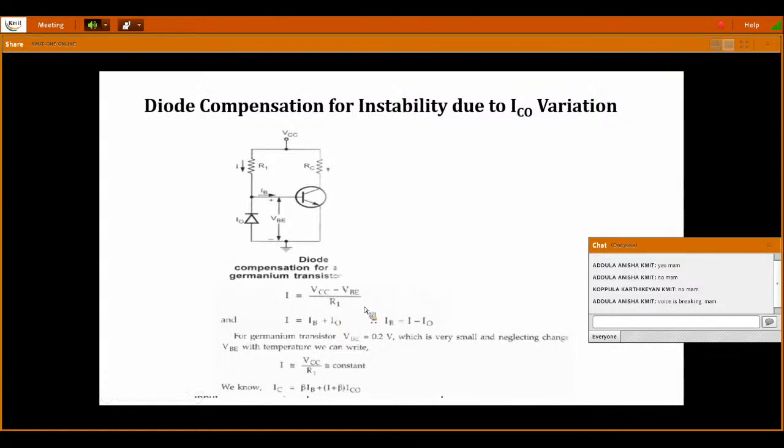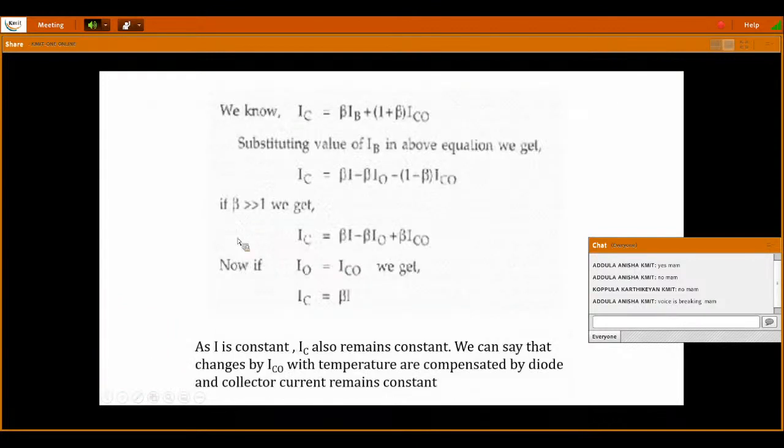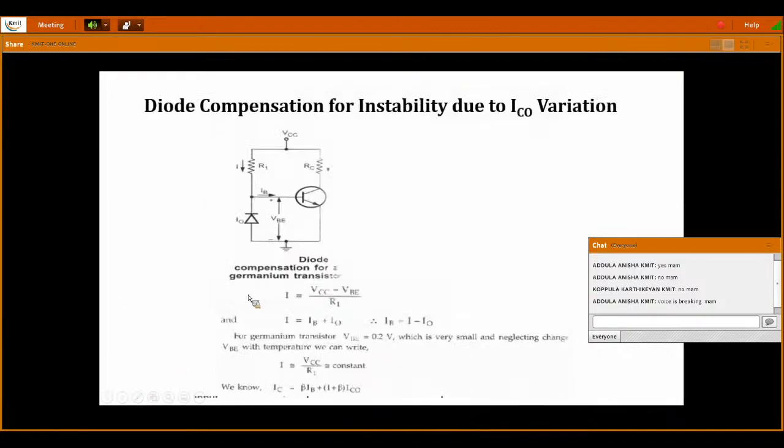The total current I is equal to IB plus the current passing through the diode, which is I naught. So the total current passing through R1 is IB plus I naught, where IB, the base current, is equal to I minus I naught.